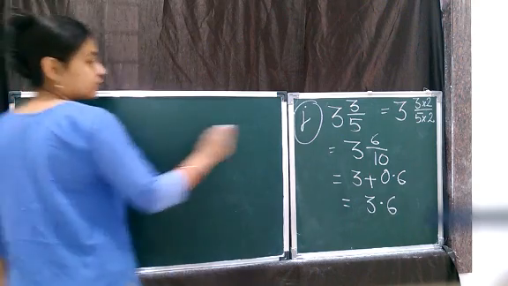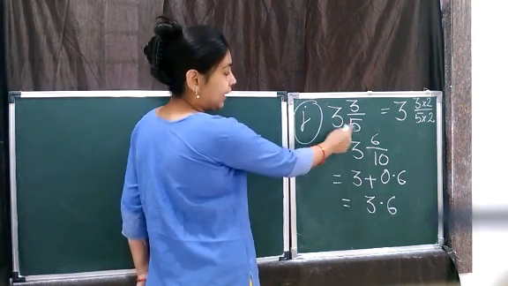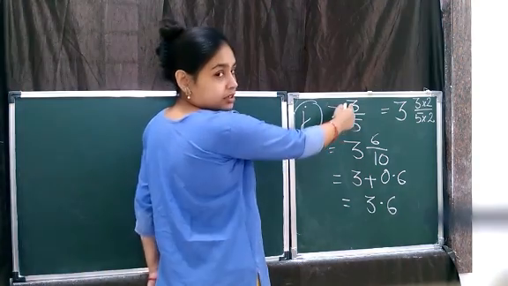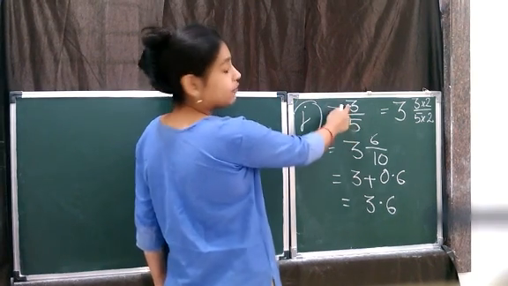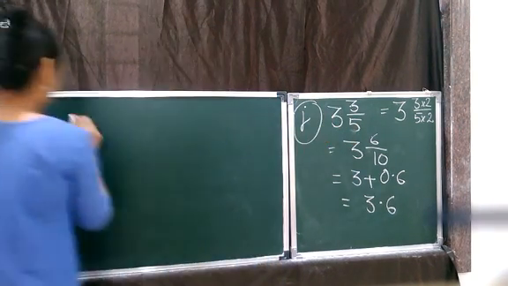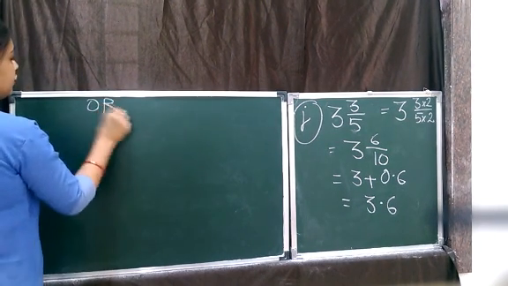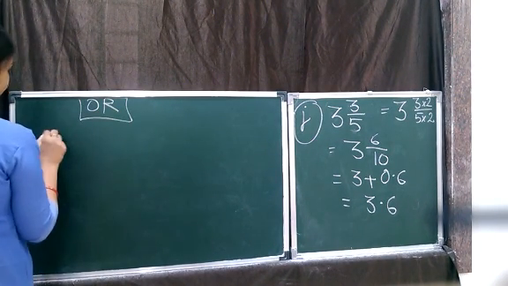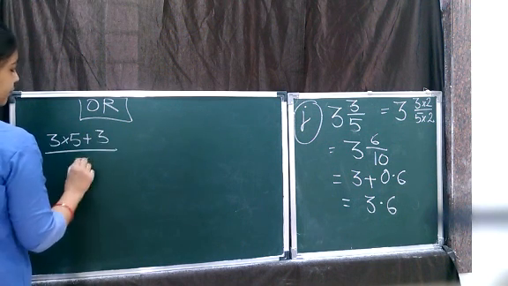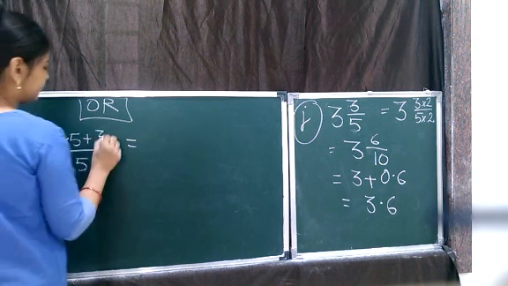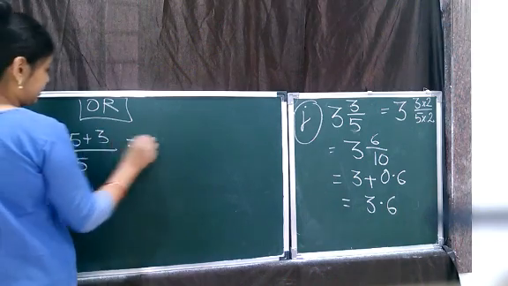Mixed number into fraction, that is whole number multiplied to the denominator plus the numerator, whole divided by the denominator, that is 3 into 5 plus 3 whole by 5. So I am writing this. 3 5s are 15, 16, 17, 18.